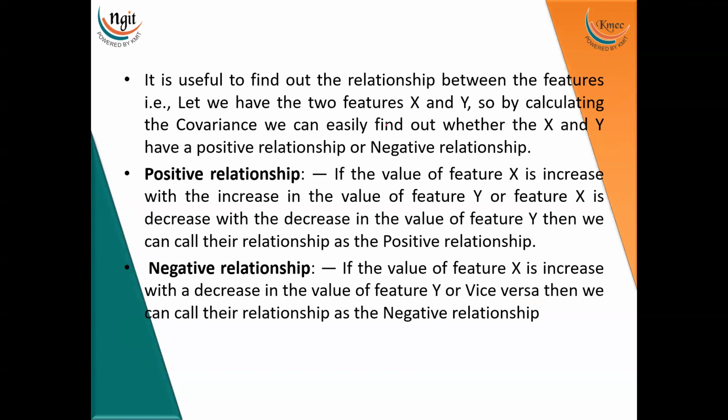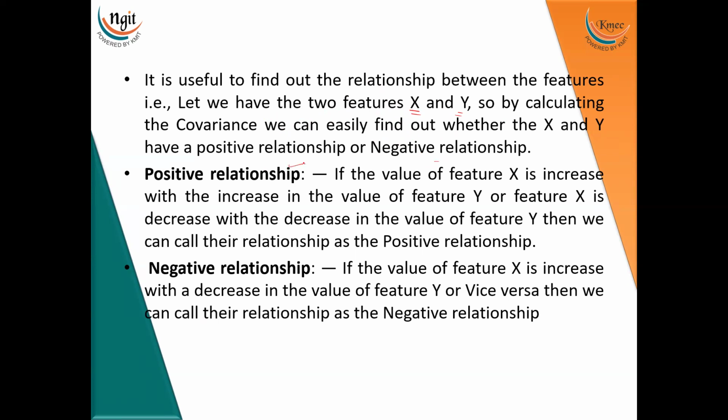So let us find out the relationship between two features. Let us think that we have two features x and y. By calculating the covariance, we can easily find out whether x and y have a positive or negative relation.